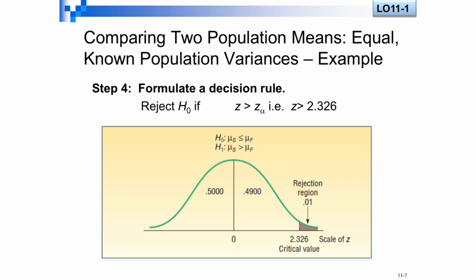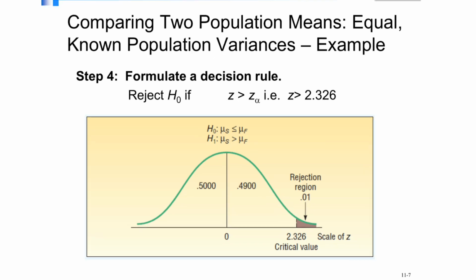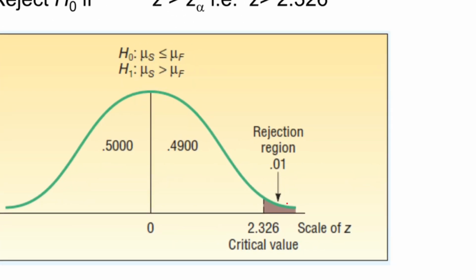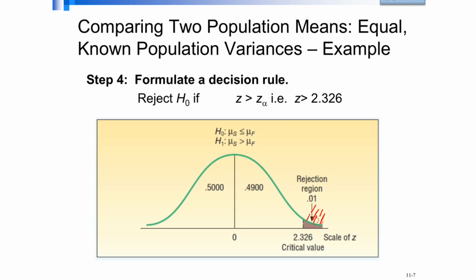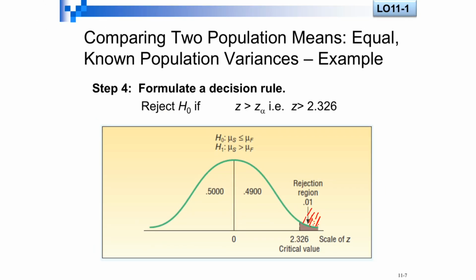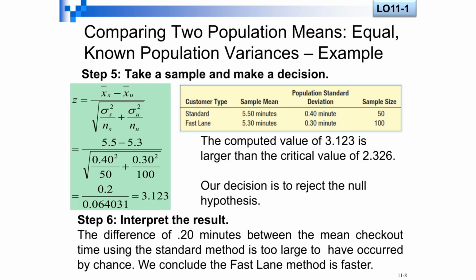So you have two values now, and you compare them to see in which region the value from the formula falls. If you look here, this area is the rejection region, and they already identify the area, or acceptance region. Based on that, if the value you get from the formula is greater than the value from the table, you will reject the null hypothesis, right?